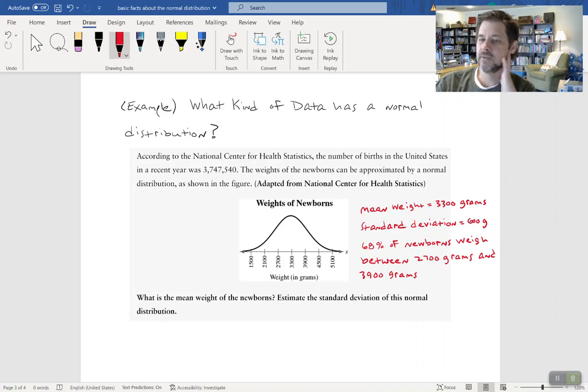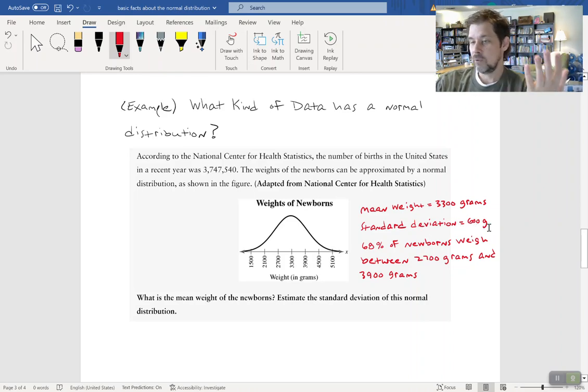So 600 would take you 1 standard deviation up, and 600 would take you 1 standard deviation down. 3,300 take away 600 is 2,700. So we can say the standard deviation is 600 grams.